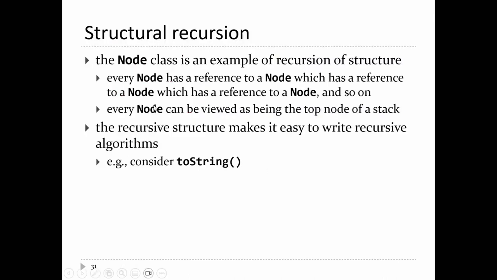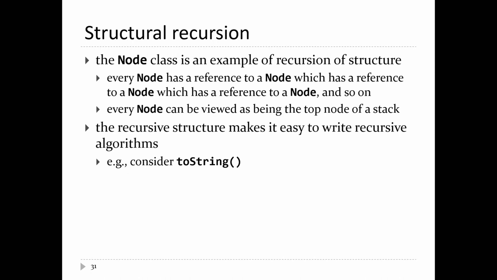Okay, so this is the first time we've seen a class that has a reference to itself. The node class is an example of what's called structural recursion. The structure of the node class is recursive. Every node has a reference to a node. That node has a reference to another node, and so on and so on.